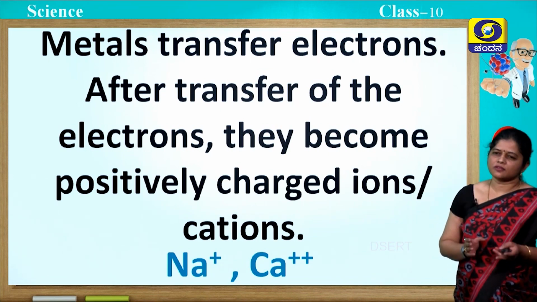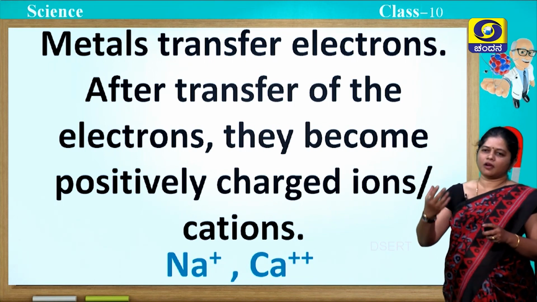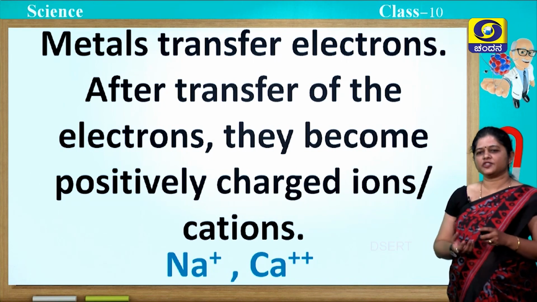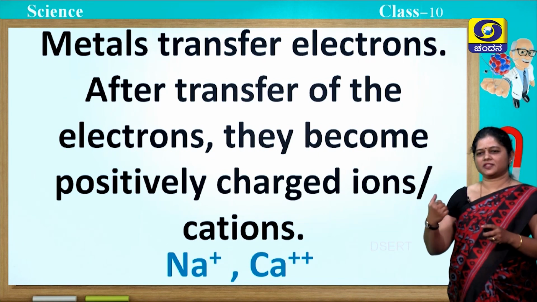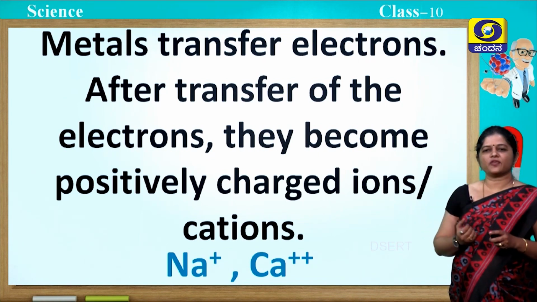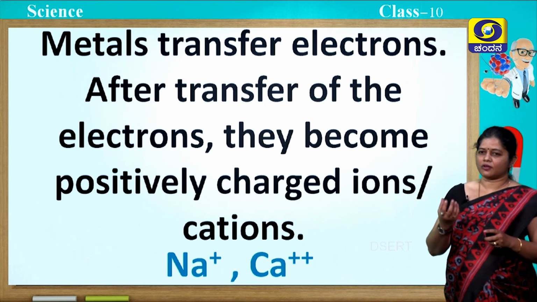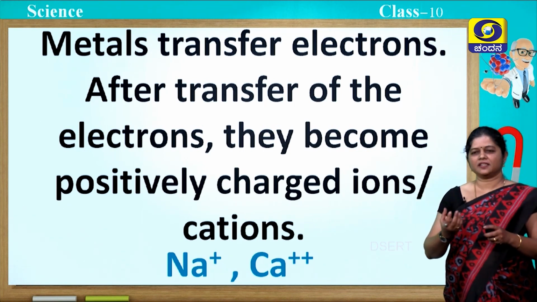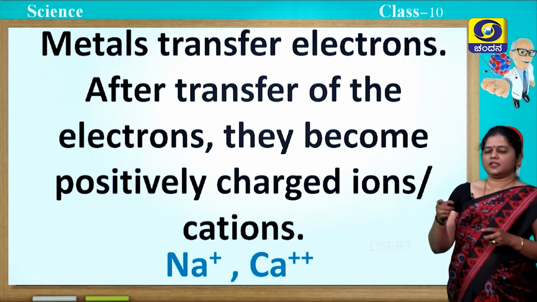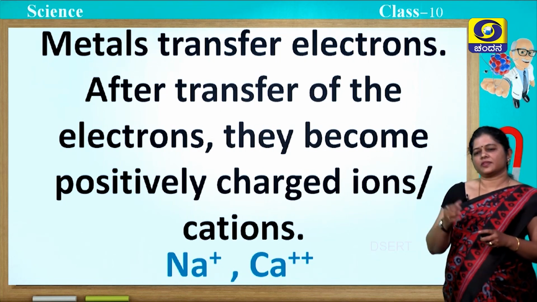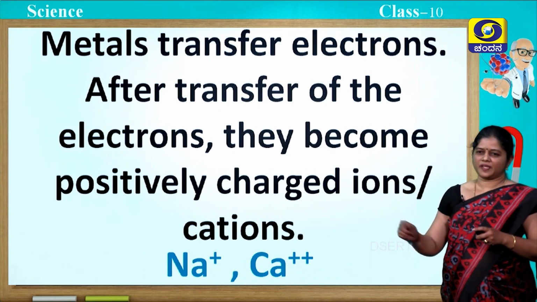Whenever a metal transfers electrons from its outermost shell, from its valence shell, it loses electrons and gains a positive charge, and when it gains a positive charge, that metal atom becomes an ion, especially a cation. You can see examples: sodium and calcium. These are cations, Na plus and Ca2 plus.